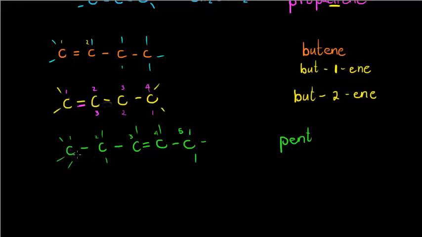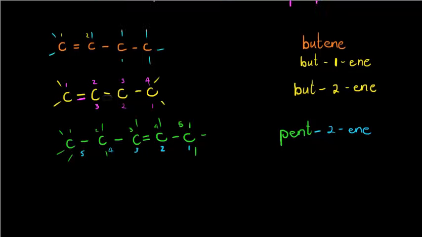So this could be pent-3-ene, but that would not be correct because the closest carbon to one of the ends is the second carbon. So I should rather number from the back. So 1, 2, 3, 4, 5. So this would be pent-2-ene. That is pent-2-ene. Okay, and the rest are filled up with hydrogens.